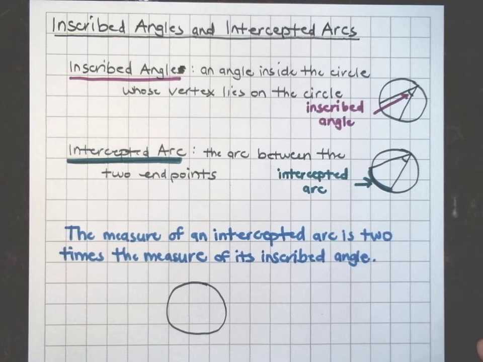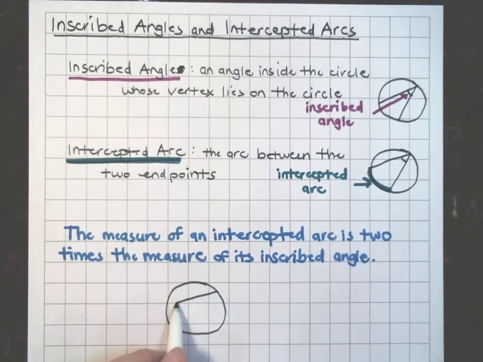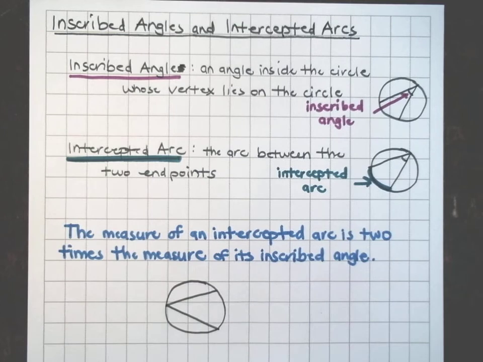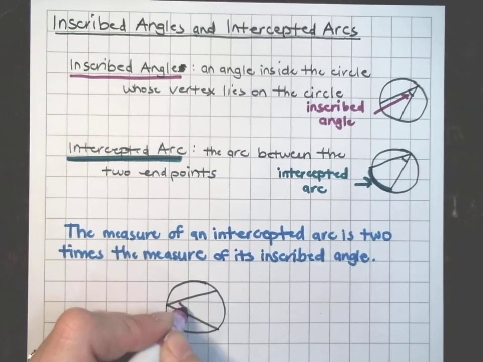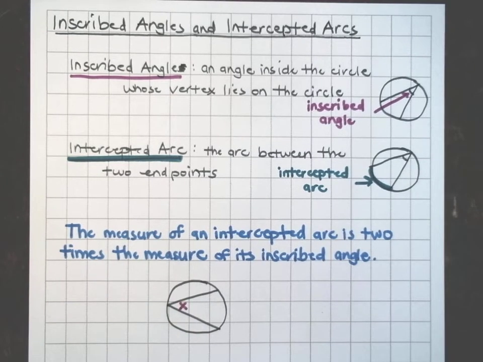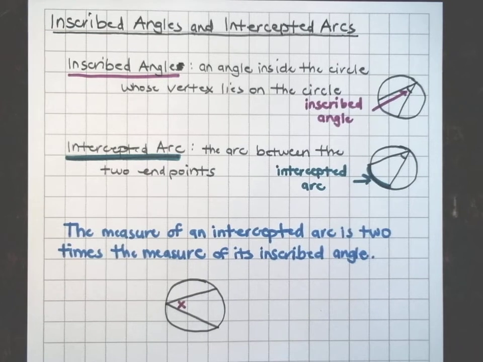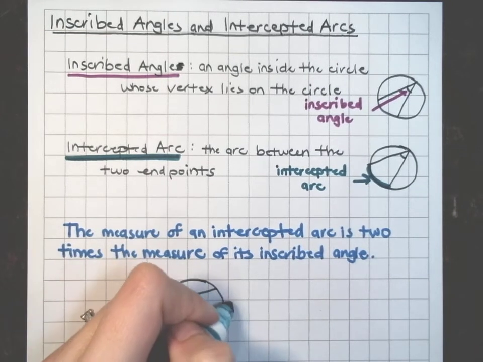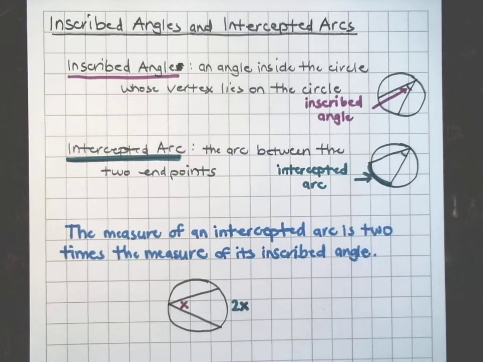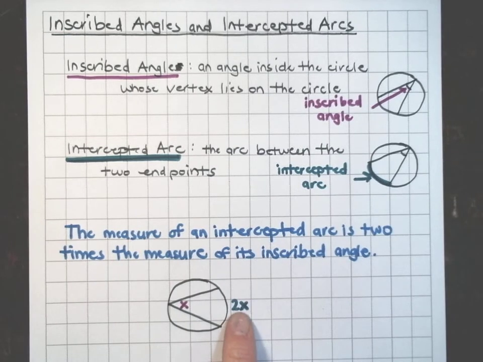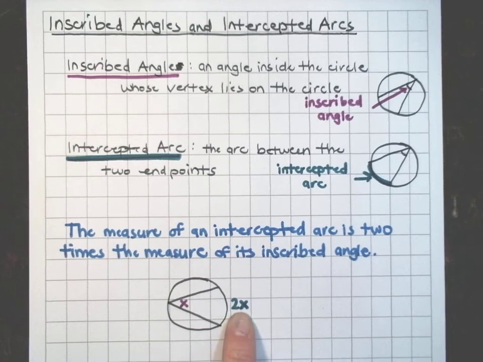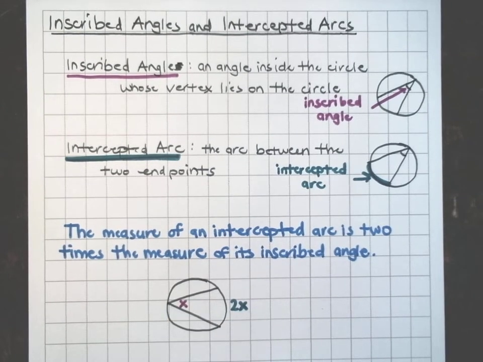There's our circle. Here's our inscribed angle. So this would be x, which means our intercepted arc is 2x. So the arc is 2 times or double the angle.